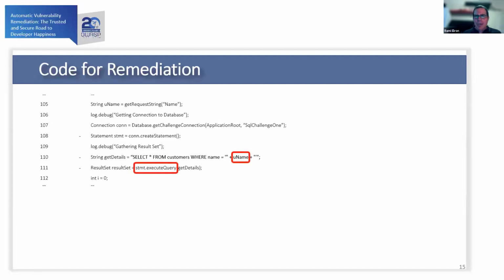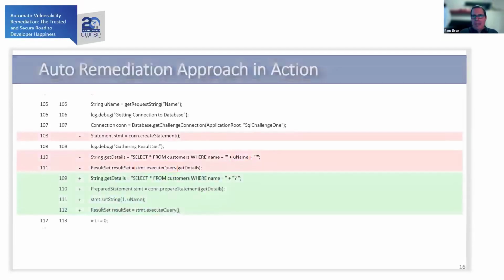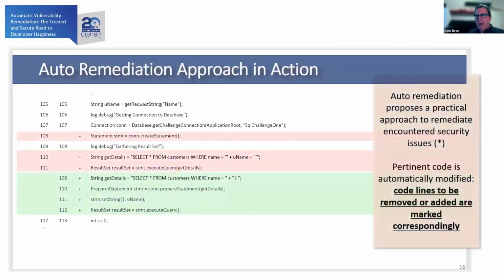And we have the connection object that happens to be the focus of the query method on top of that. Now, as you can tell here, there is no proper sanitization of anything. The main objective of an auto-remediation would be to carry out changes that end up modifying the code so that some of the items would be removed, other items would be added.